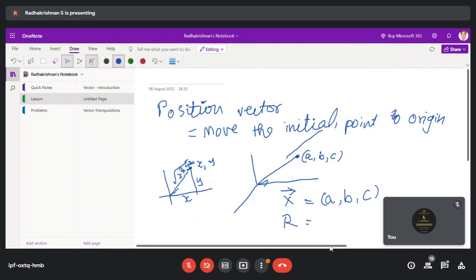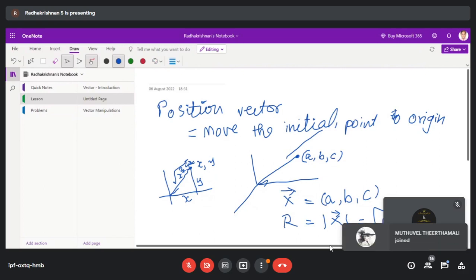Equal to the magnitude of vector x, equal to the square root of a square plus b square plus c square. So now we have to find the direction.